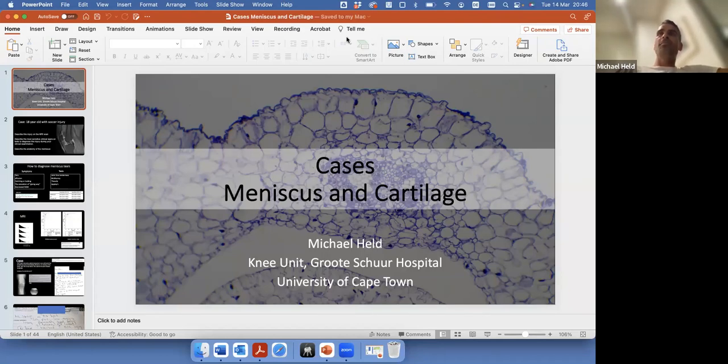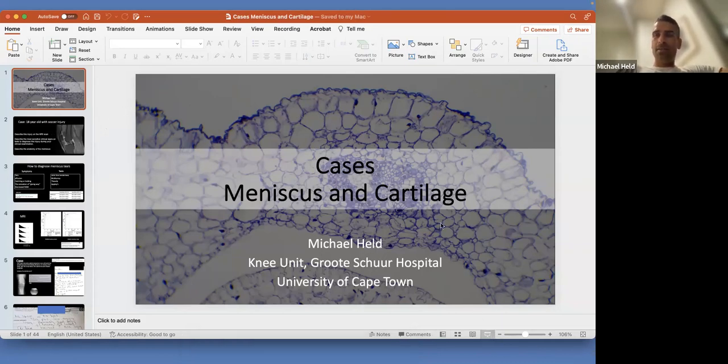And so most people would consider a repair of a root tear, even in an older patient. Let me go to some of these cases, and we'll just go and see.